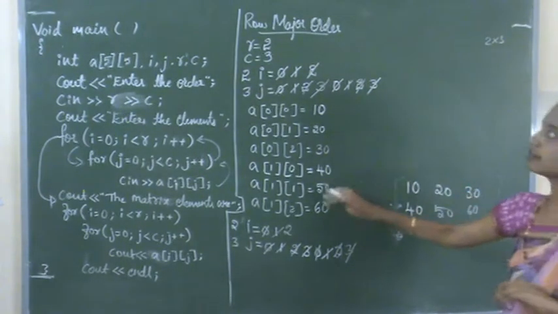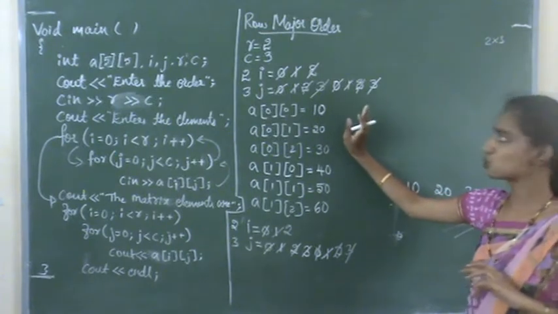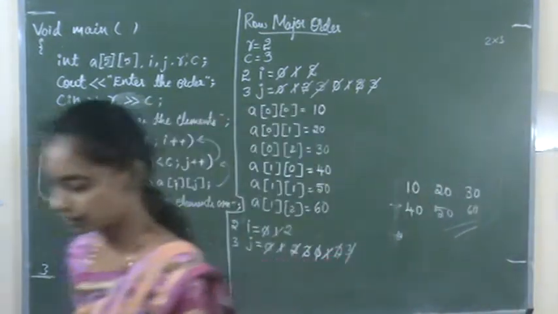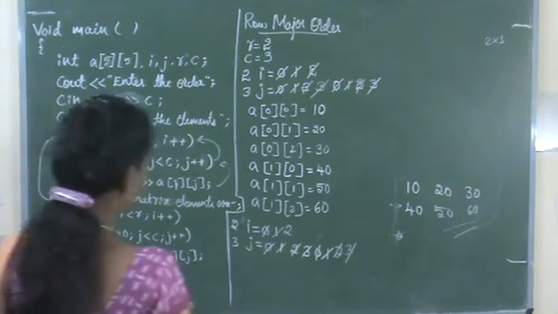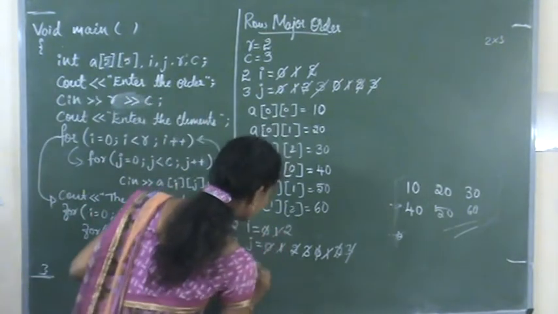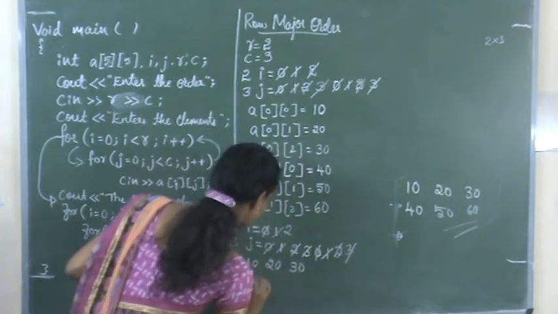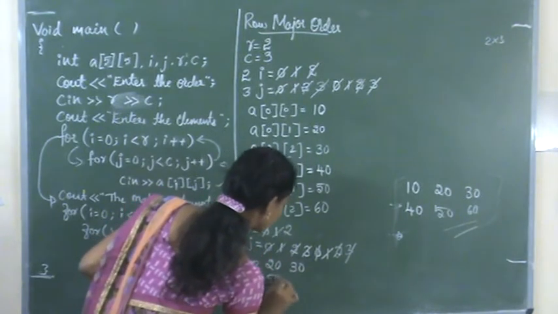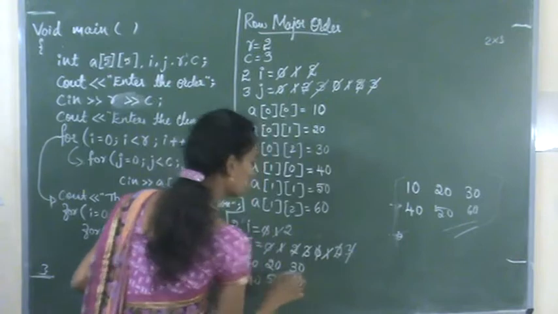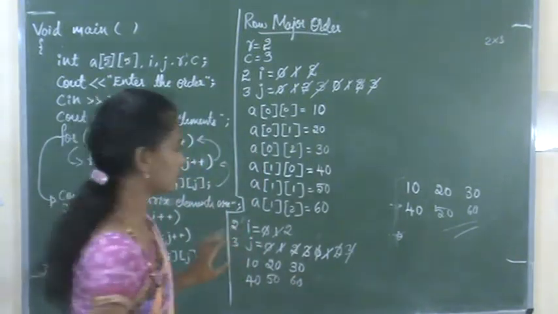If we are inserting the elements in row major order, we will get this output, right? So how will we get the output? That is 10, 20. So this is the output we are getting for row major order.